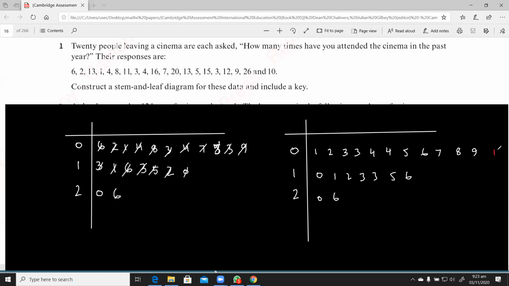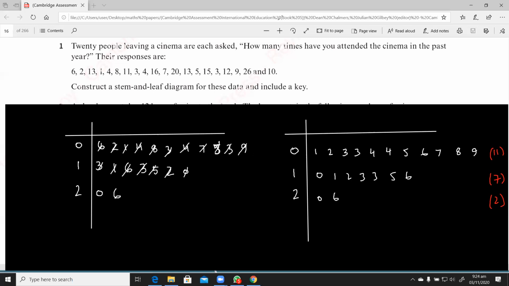So we have 11 entries here. And this is 1, 2, 3, 4, 5, 6, 7. We have 7 entries here. And then we have 2 entries over here. So that is how you draw a stem and leaf diagram. This is a stem and leaf diagram, okay?